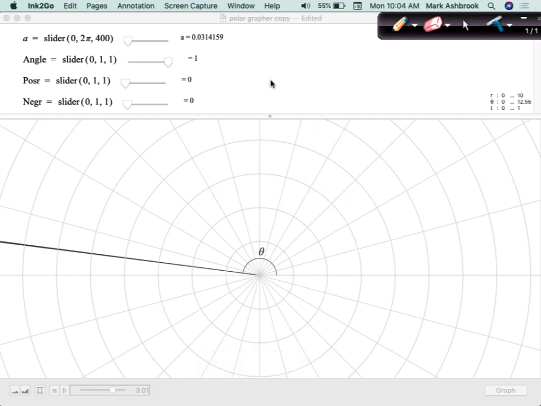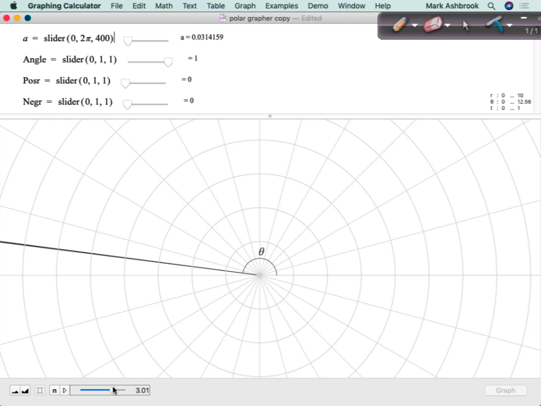So we have theta. Theta is our starting point. Say theta is 1.87. That means 1.87 radius lengths to get around to that spot. And so then in polar coordinates, we start with the angle.